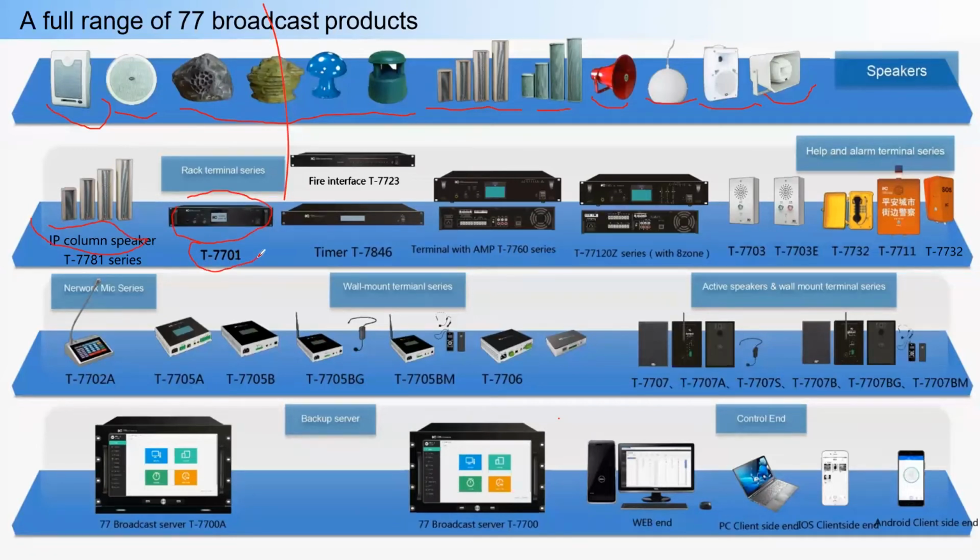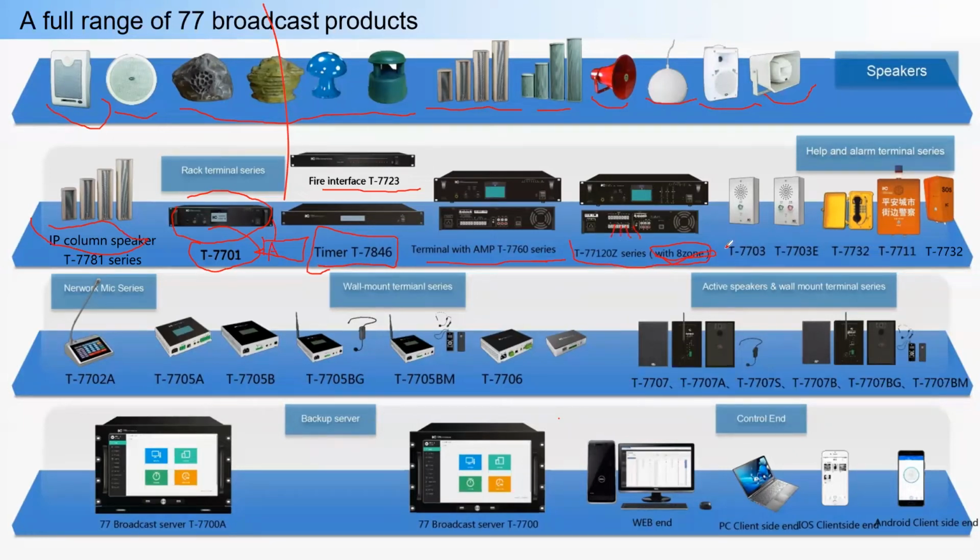This T-7701 is the audio decoder, which we use to decode the network signal into an analog signal, and it connects to an analog amplifier to deal with big power projects. And next we have the fire interface and also the timer. This is a satellite timer to make sure the time is correct, and the terminal with built-in amplifier, 7760 series, and the terminal with built-in amplifier and 8 zones included, which means it has 8-zone output.